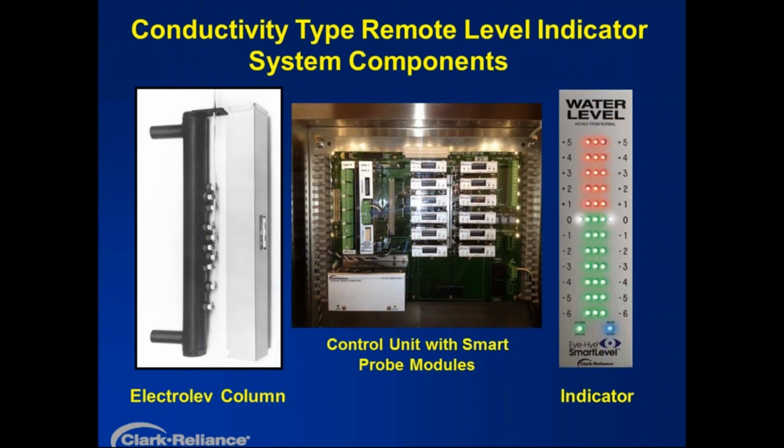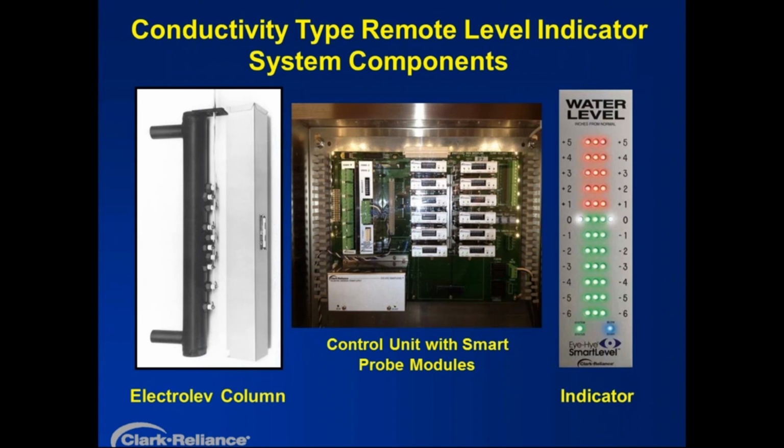As you work your way out to the extremes, that's not where you're supposed to be. So if we're touching a probe that is a high alarm or a low alarm level, the operator's job is to get that level back to normal. So there's really no reason to have fine resolution all the way to the uppermost level detection point and all the way down to the lowermost, because you shouldn't be operating there.